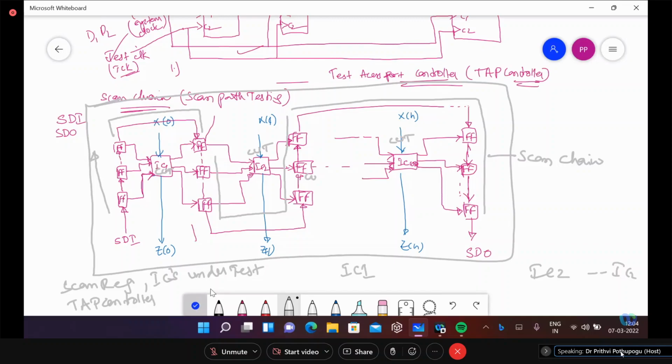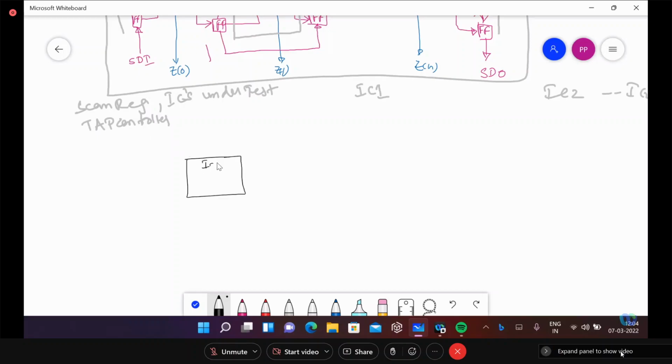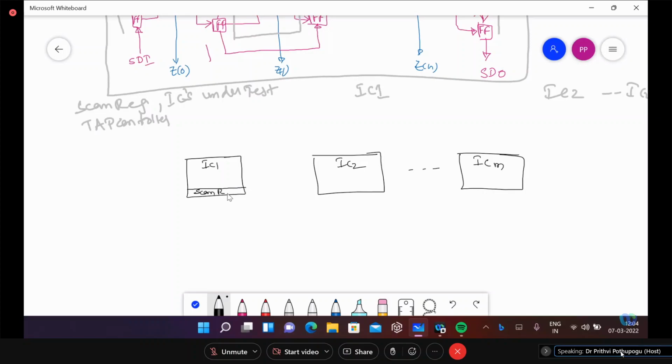This setup, if I can put it in a representation format, say this is one IC I am testing, this is another IC I am testing, and such different ICs I am putting in, each IC will have its own scan register. This setup of registers will be there. Okay.